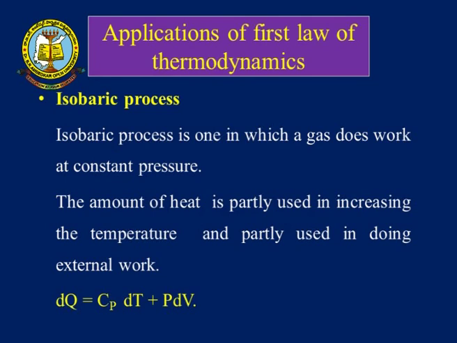So, we can write the first law of thermodynamics as dq is equal to du plus pdv. In place of du we can write Cp dT, and the work done we write as pdv. So, in the isobaric process, the first law can be written as dq is equal to Cp dT plus pdv. This is one application of the first law of thermodynamics, the isobaric process.